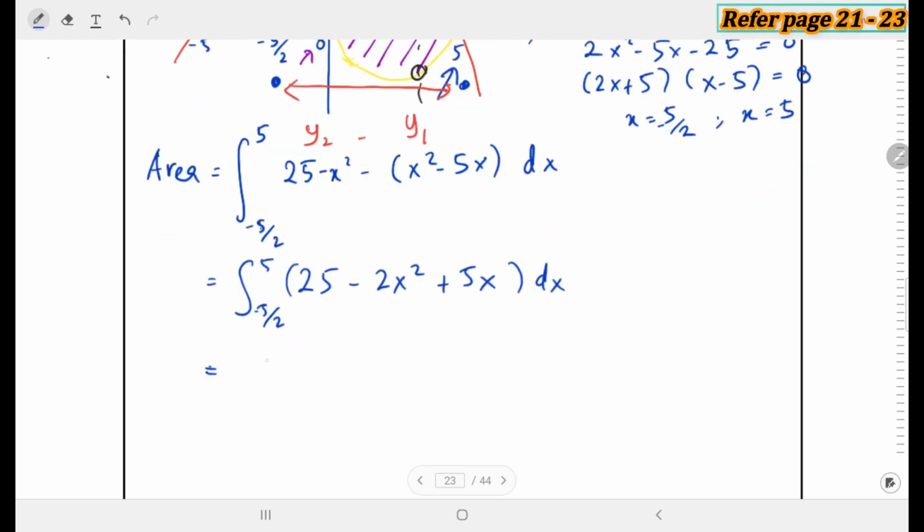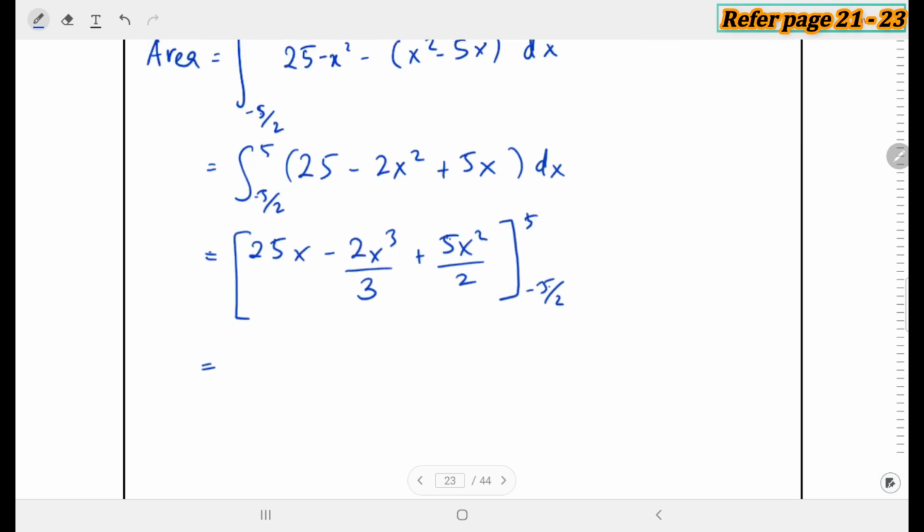Now we integrate. We're getting 25x minus 2x cubed over 3 plus 5x squared over 2, from negative 5 over 2 up to 5. We substitute the upper limit first. This step must be done and must be written clearly.